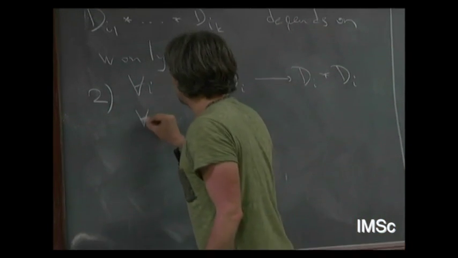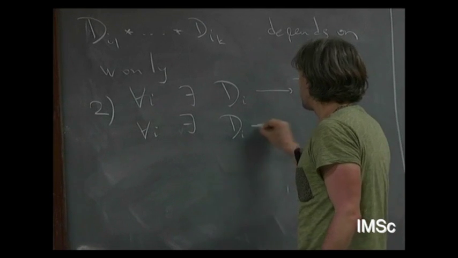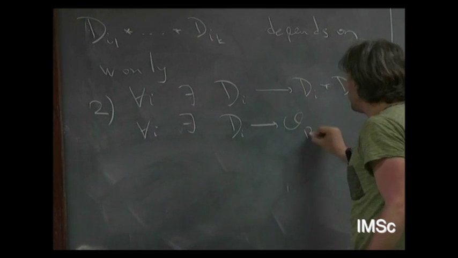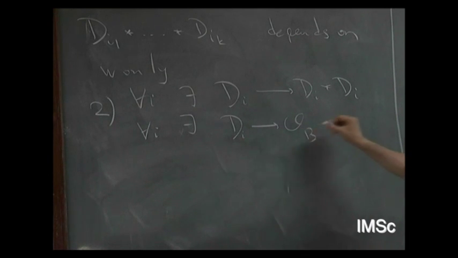And for any i, there exists a map from D_i to O_B. So this is just restriction. This is functions on P_i, and this is functions on B, and this is my unit element in the monoidal structure.